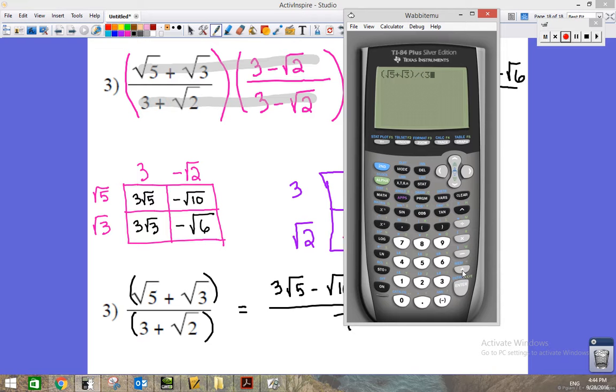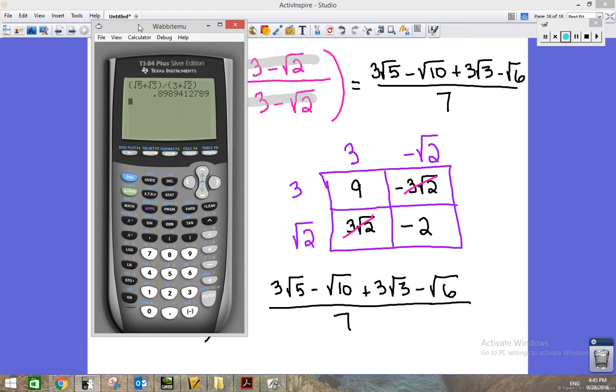And 3 plus the square root of 2. So there's my decimal number, 0.89894, so on. Let's see if this other fraction is the same decimal number. We need parentheses around this whole numerator.